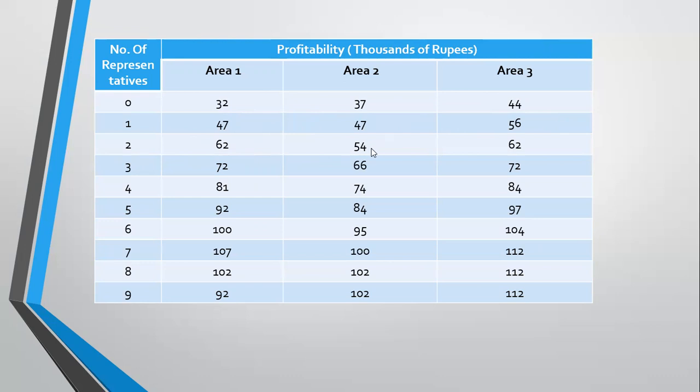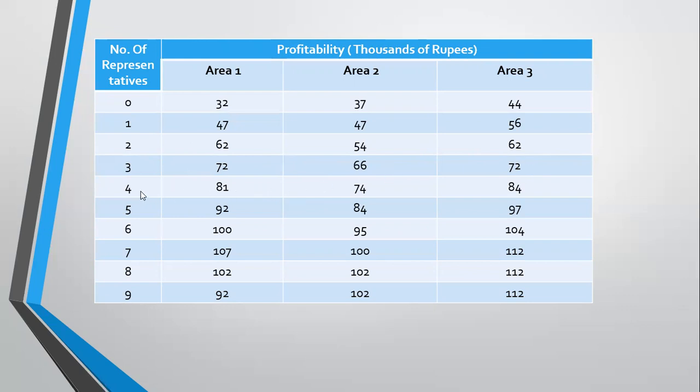In area 2, 54,000 rupees. In area 3, 62,000 rupees. The next row, suppose I am appointing 3 sales representatives: for area 1, 72,000, the budget I can allocate; 66,000 I can allocate for area 2 and 72,000 for area 3.